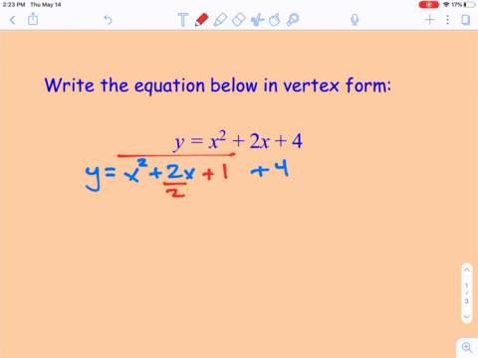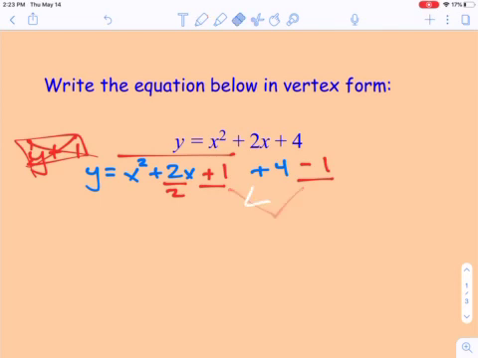Instead of adding 1 over to this side, which I could do, mind you, I'm going to subtract it. And if you look at this, it's kind of weird. You've got plus 1 and minus 1, and they sort of cancel each other out. That's the idea, they would cancel each other out if we weren't completing the square.